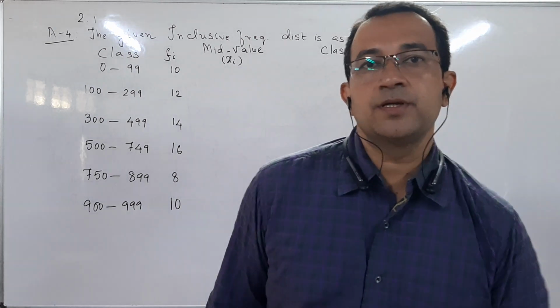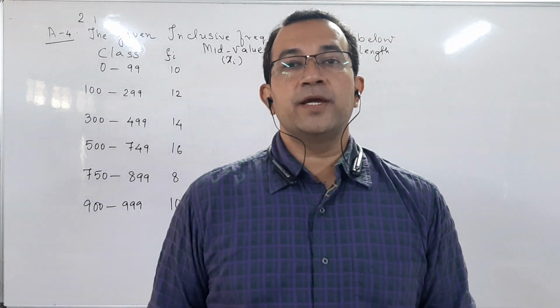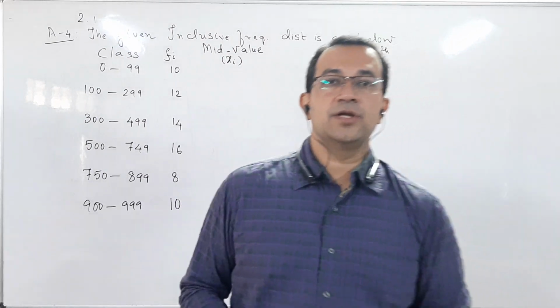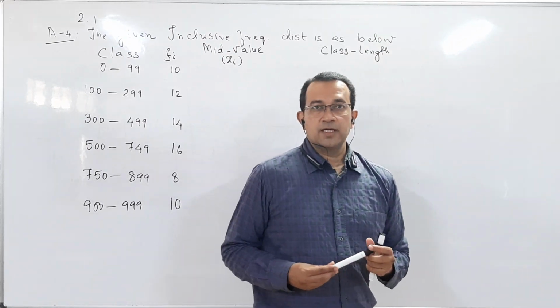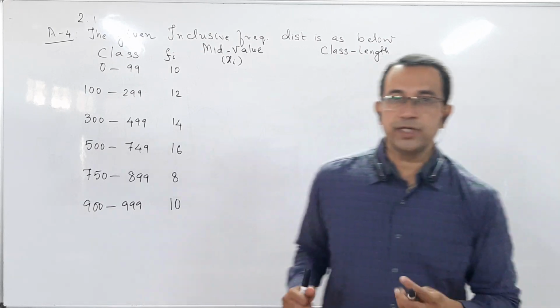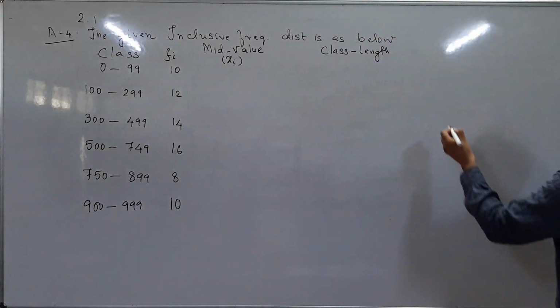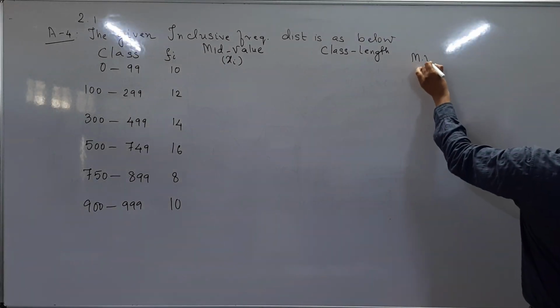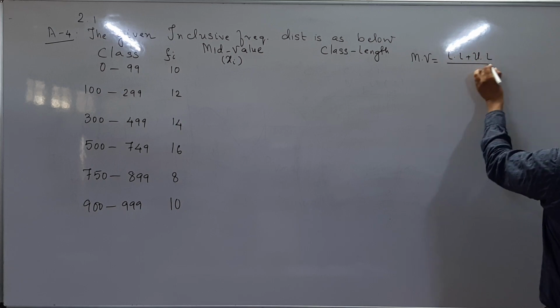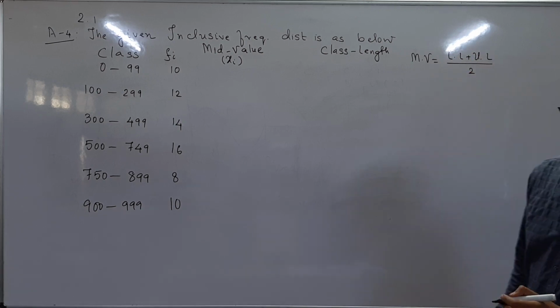Now students, all of you pay attention. According to the definition, what is mid value? The average of class limit is mid value. Recall the definition. Mid value is equal to lower limit plus upper limit divided by 2.